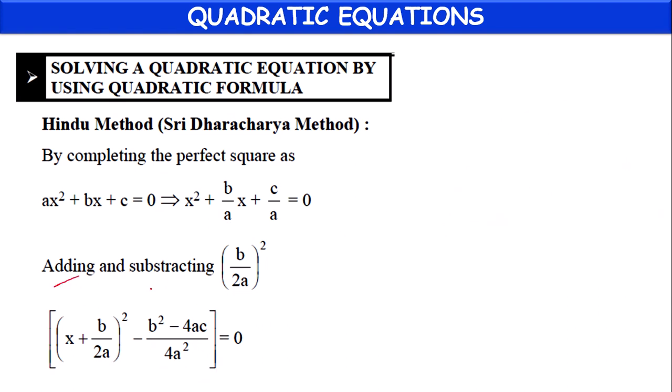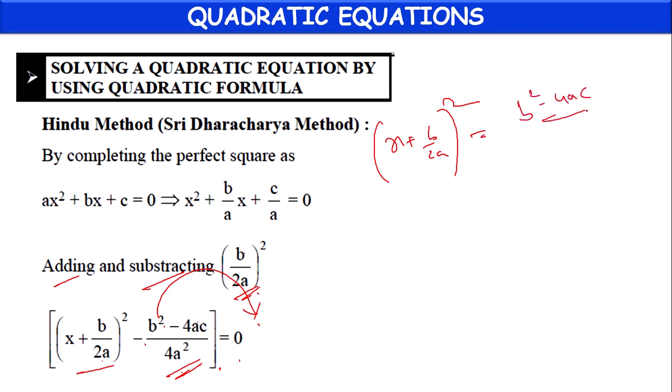So after adding and subtracting b by 2a whole square and simplifying, we get x plus b by 2a whole square minus b square minus 4ac by 4a square. If we take this to the RHS, it will become plus b square minus 4ac by 4a square. This we will get.